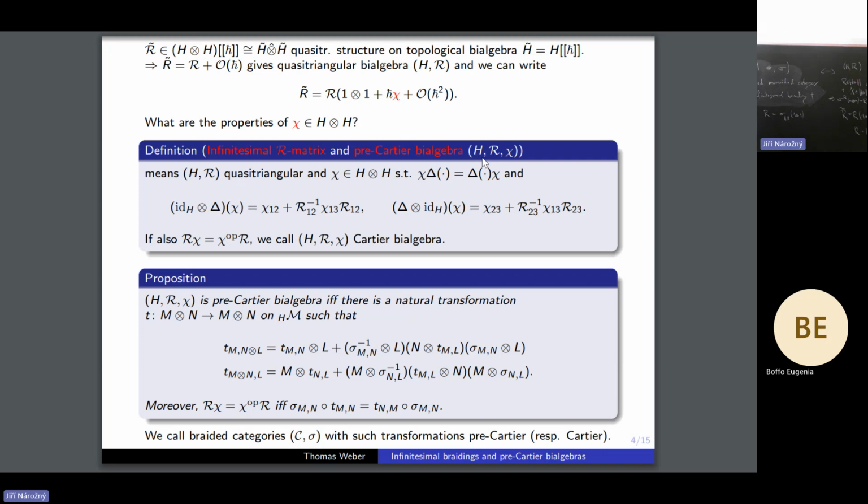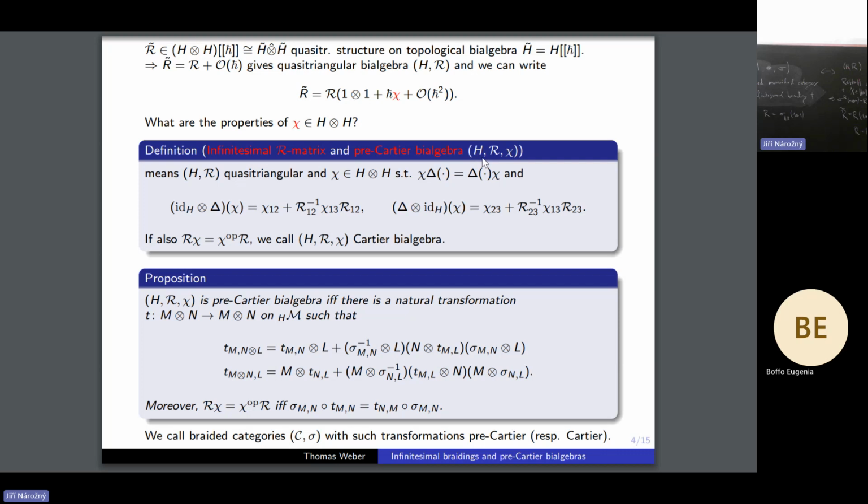So you apply the coproduct to one of the tensor legs and you're getting two terms. Here, just to clarify, this chi_12 is just chi tensor 1, since here we are in the third tensor power. So I just have to specify where the chi is placed. In a similar way, you have here the chi_13 just means that the first leg of chi is in the first tensor factor and the second one in the third. And in the middle, there's just 1. Okay, that's just definition, very well.